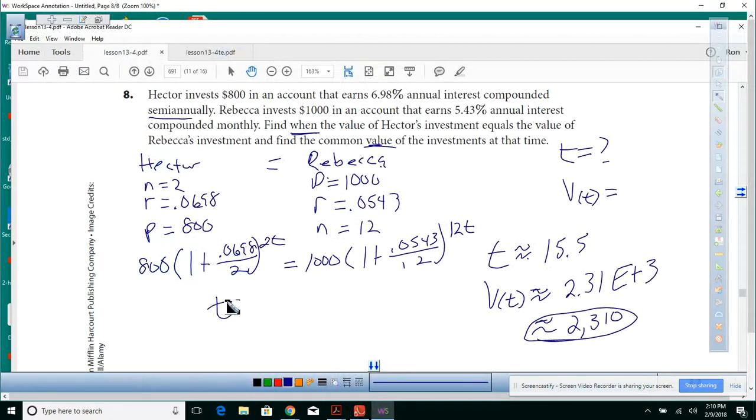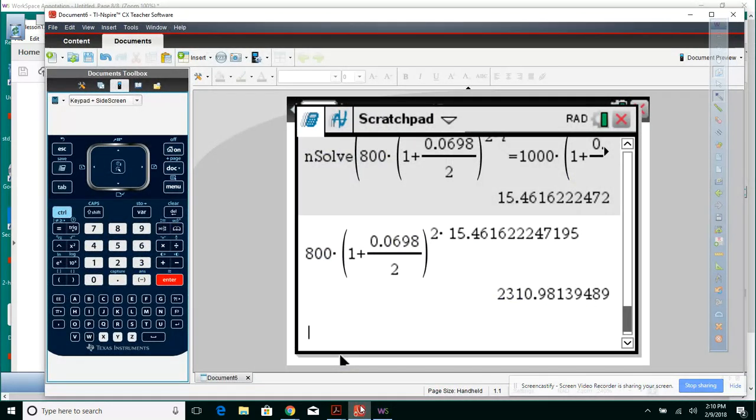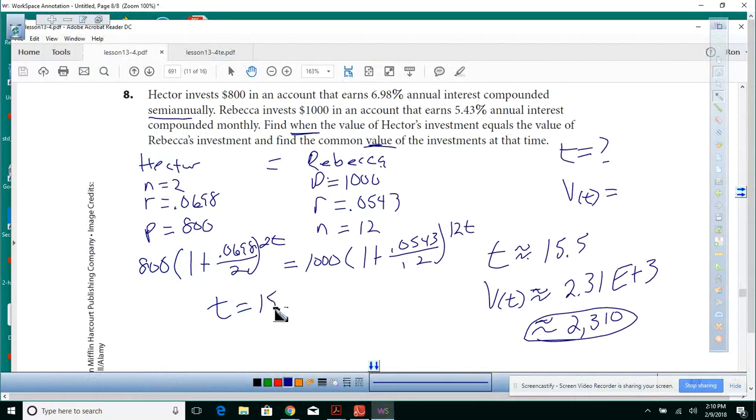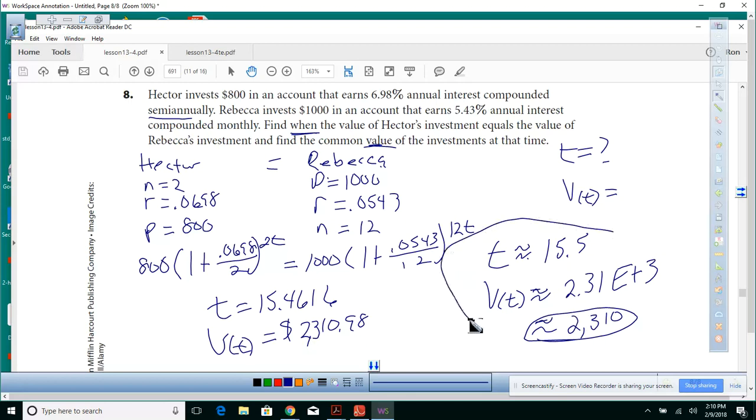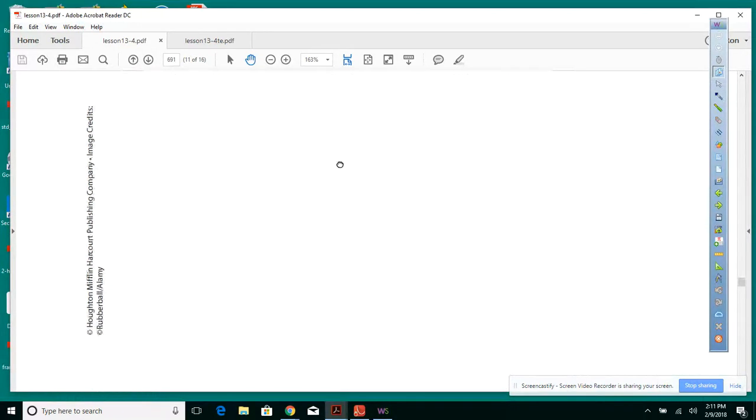So the actual t is 15.4616, and the actual V is going to be $2,310.98. Okay, so that's real close, and you would not go wrong doing that right there on the test.